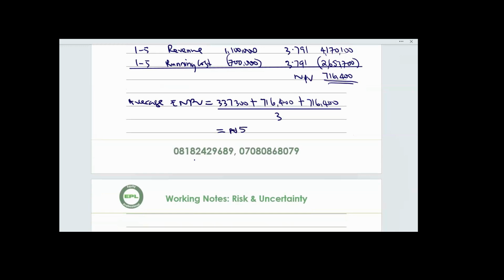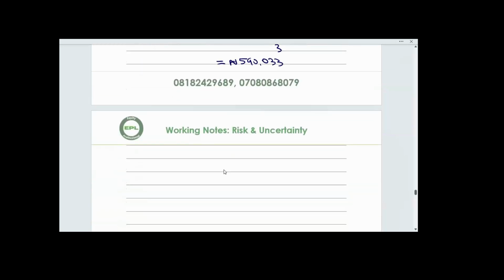590,033. So I can then say the expected NPV, the average expected NPV, is 590,033 naira.